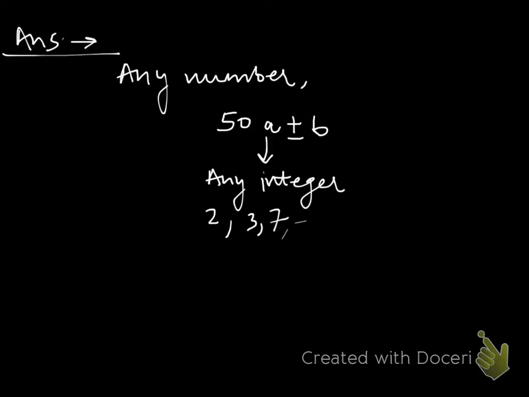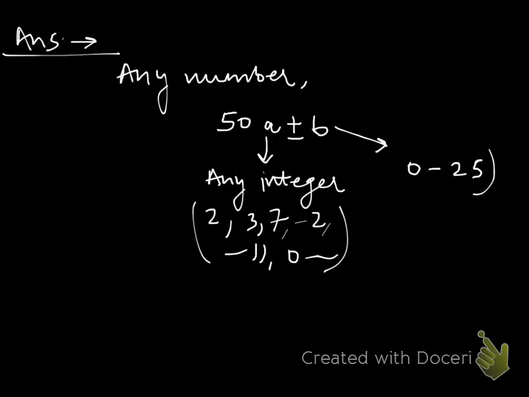Any number can be written in this form, where a is any integer, 1, 2, 3, 50, 60, minus 1, minus 2, minus 80, anything. a can be any integer. And b is confined between 0 and 25.